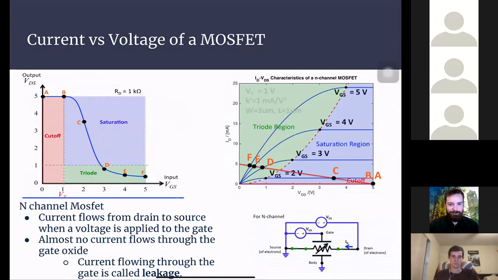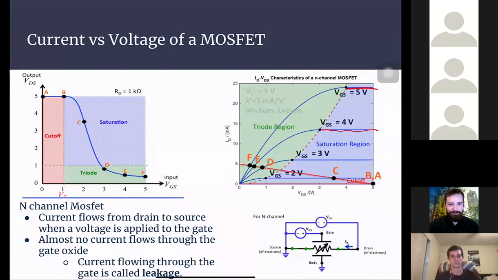Now, this is an output regarding VDS and VGS. It's basically voltage from gate to source and voltage from drain to source. That's how we apply voltage in different ways. This shows what happens in the triode, saturation, and cutoff regions regarding current and voltage. You see that in every saturation region, the current is constant. It's called the saturation current for a certain voltage.